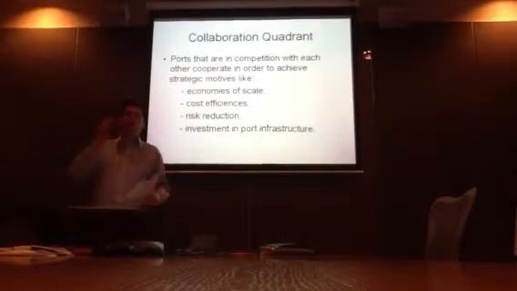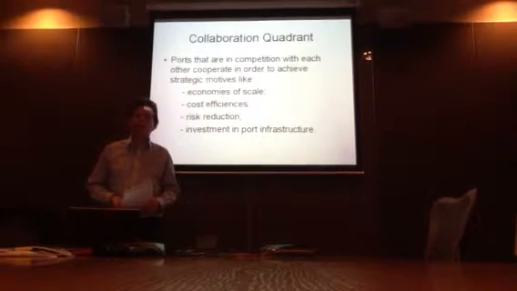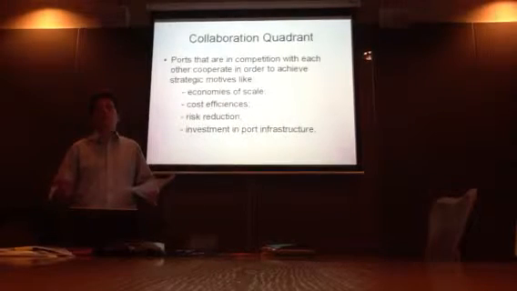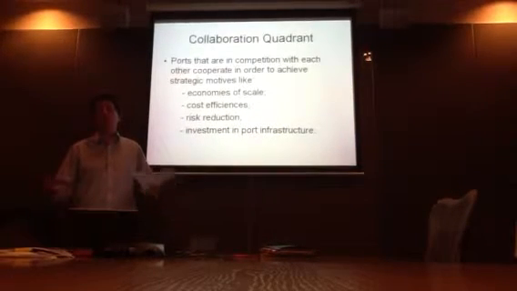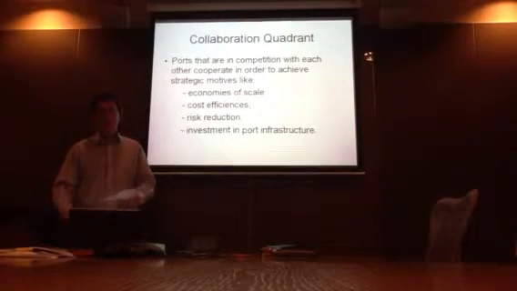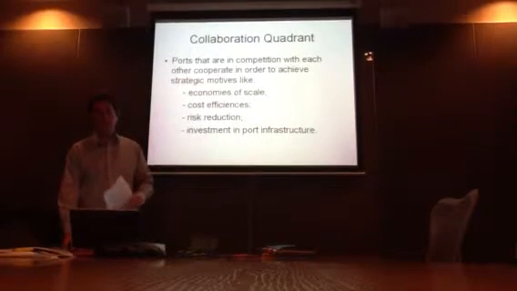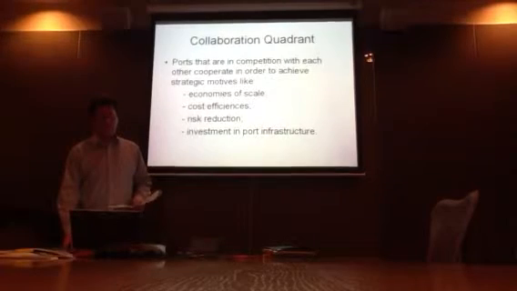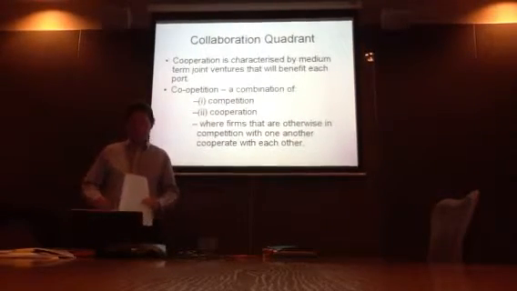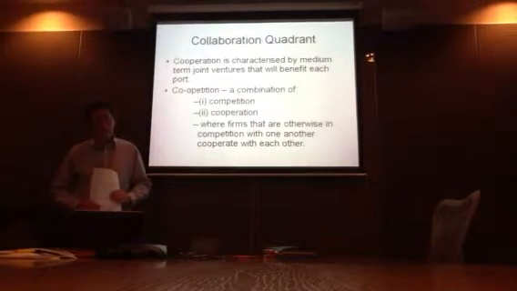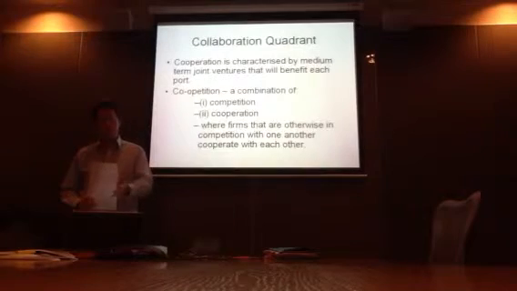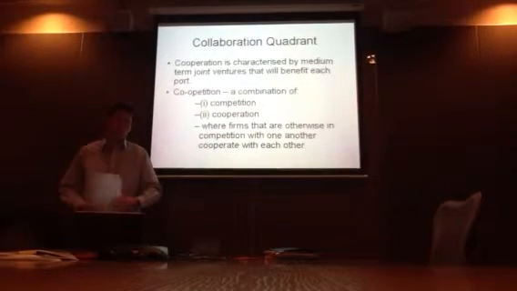This is probably the most common way ports collaborate, and it's all to achieve economic goals for the port. So it's in their interest to cooperate in order to achieve these cost efficiencies and therefore compete. So cooperation here is characterised by short to medium term cooperation in terms of joint ventures that will benefit both ports.